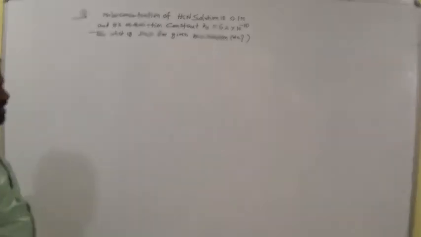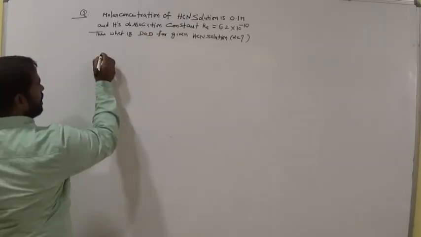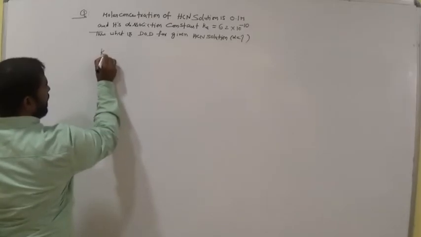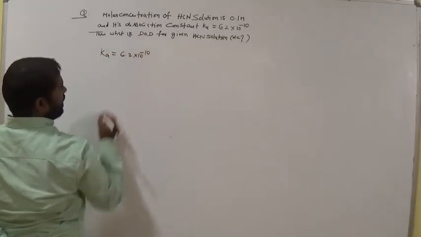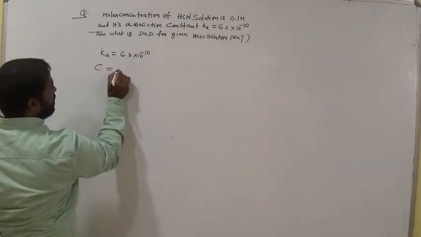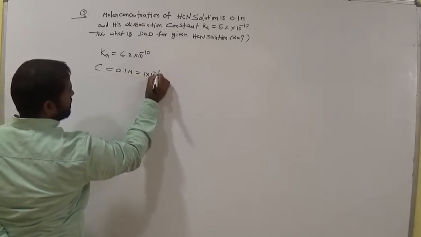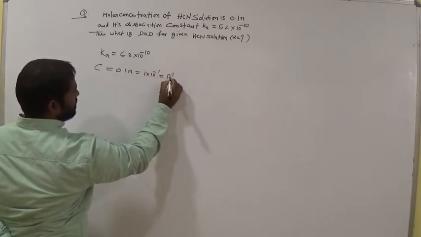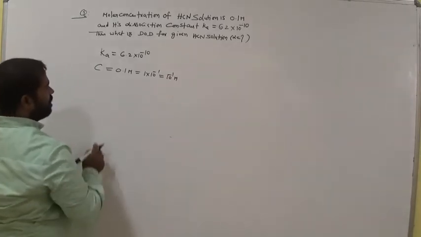Now clearly, what is the relation? Ka is equal to 6.2 into 10 power minus 10. Am I right? Second, what about concentration? 0.1 molar. That can be written as 1 into 10 power minus 1, that is 10 power minus 1 molar. Is it clear?